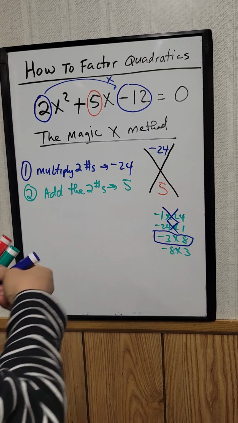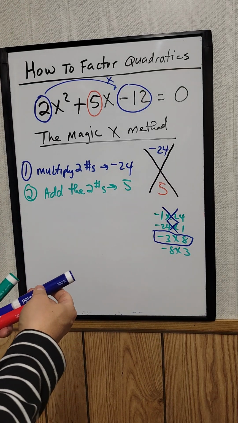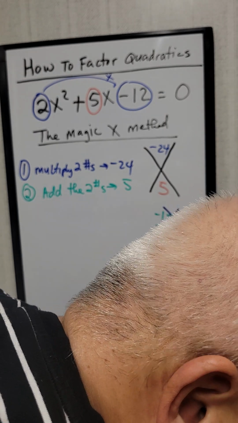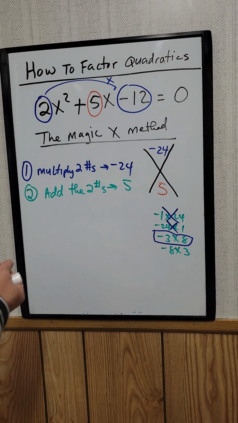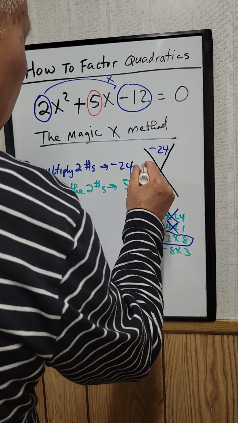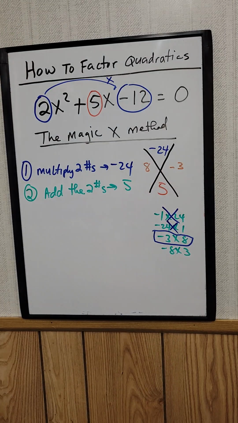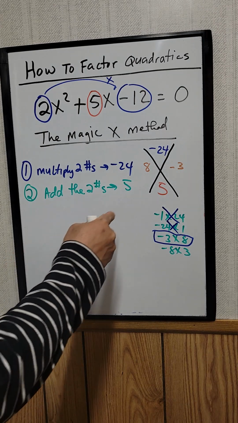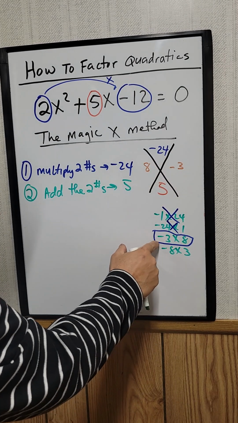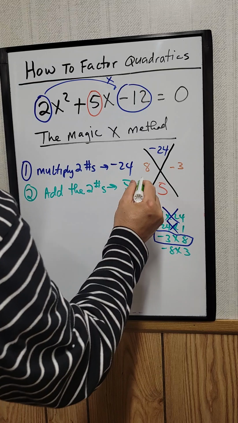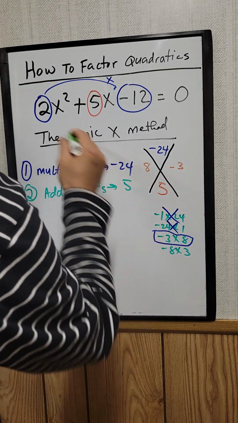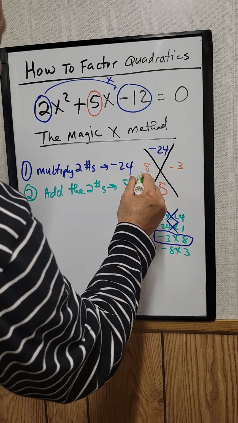Let's use a different color. Okay, you can say 8 and negative 3. And the second step is that these two numbers that we found, we have to divide by the leading coefficient, which is 2.